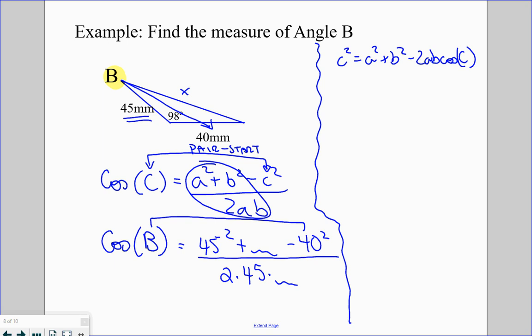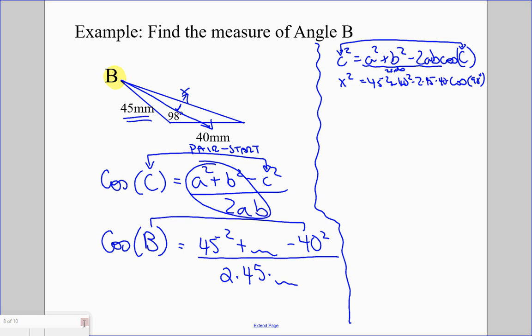So again, I called it x. Again, this is your match. So what matches x? 98 degrees. So it's going to be cos 98 degrees. And then here are the two sides. So we've got 45 squared plus 40 squared minus 2 times 45 times 40.